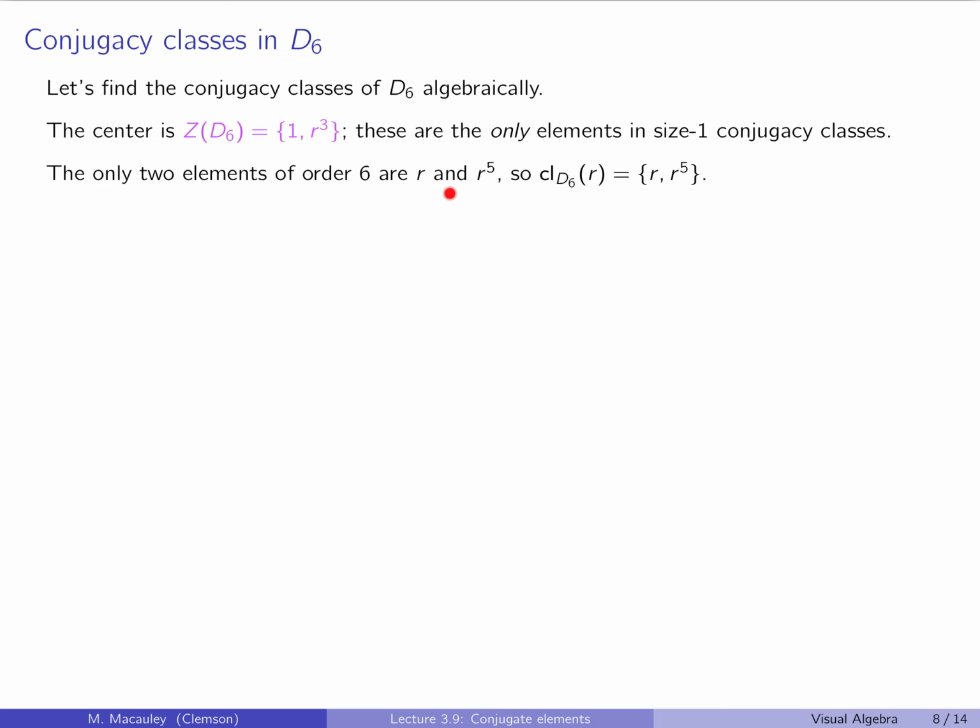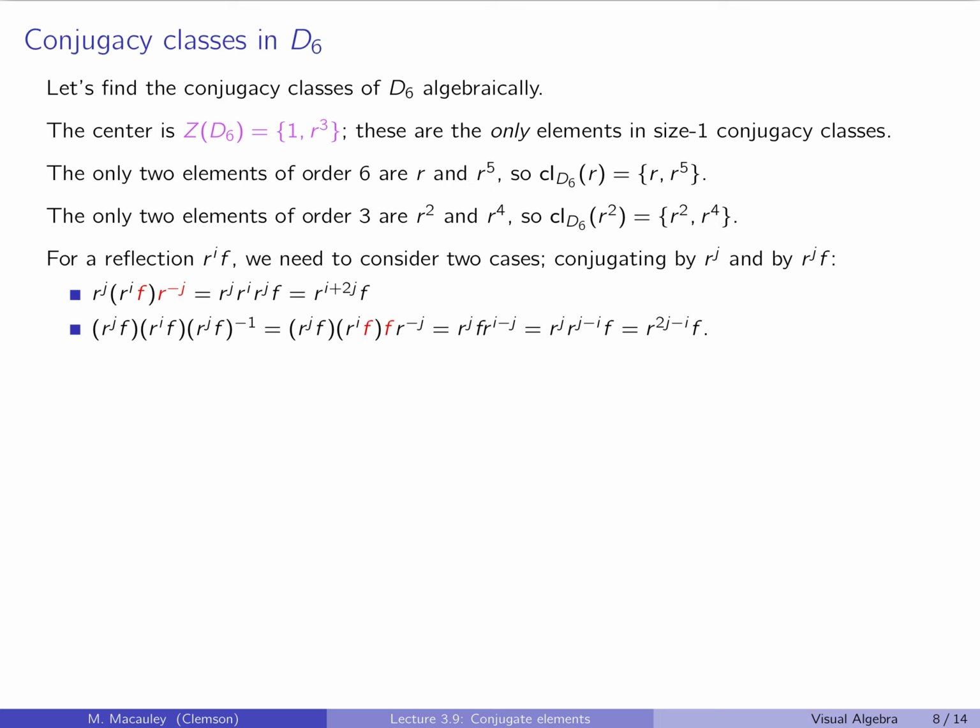These are not central, so they have to be in conjugacy classes of size bigger than 1, but these are the only elements of order 6, so they have to be together. Similarly, the only two elements of order 3 are R squared and R to the 4th. They are not central, so they are in conjugacy classes of size bigger than 1, so they also have to be together. Finally, let's consider the reflections.